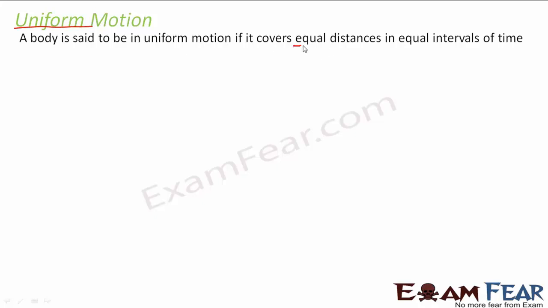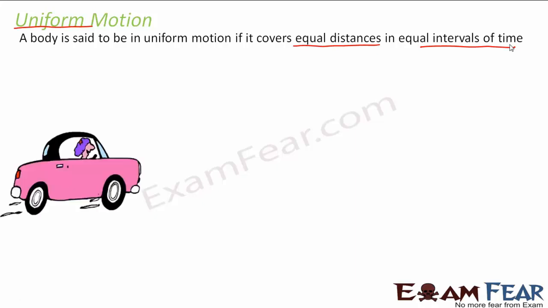So if an object covers equal distances in equal intervals of time, let us suppose there is one object which moves 1 kilometer in 1 hour. Again in the next 1 hour it moves another 1 kilometer, and again in the next 1 hour another 1 kilometer. So in every equal interval of time, that is every 1 hour, it is covering a distance of 1 kilometer. So we say that the object is in uniform motion.